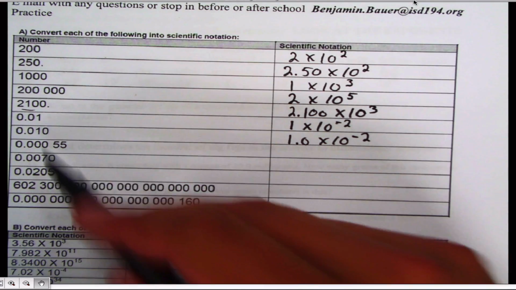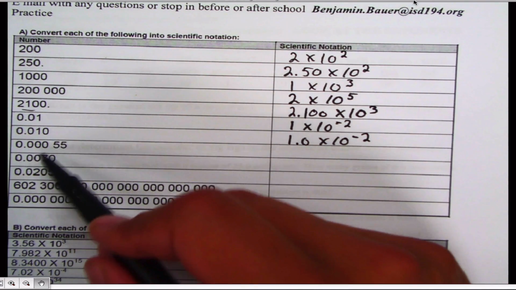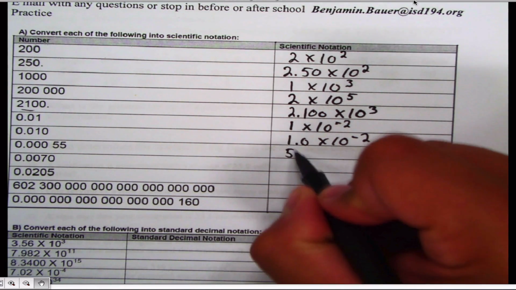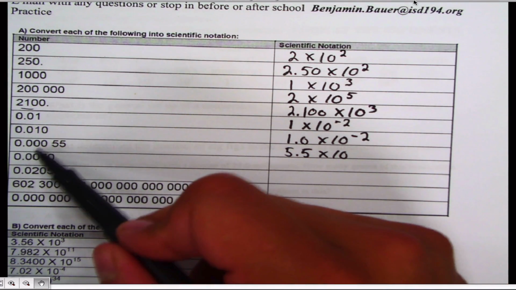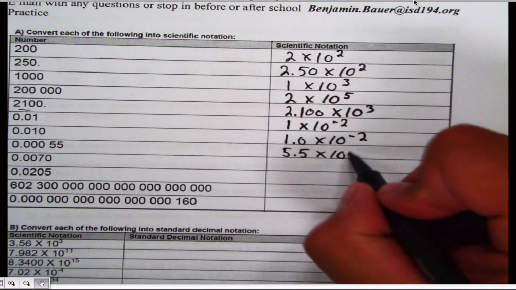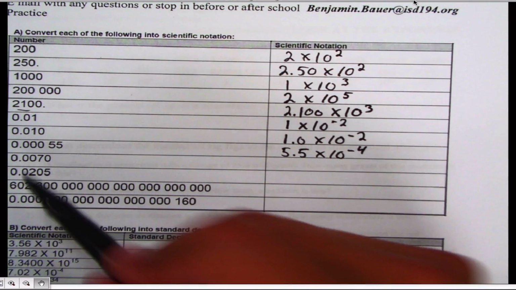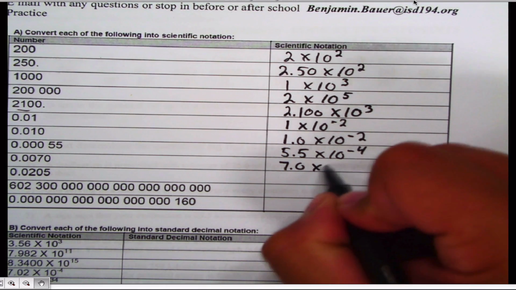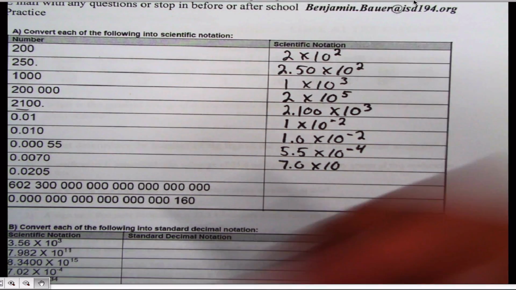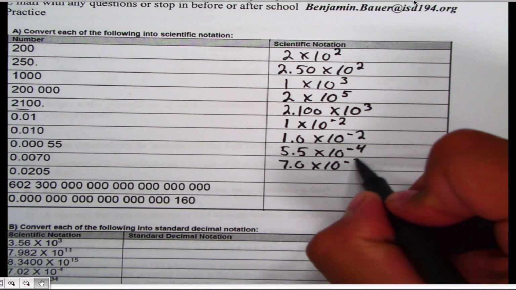All right, a little different, more precise number. 2 significant figures, 5.5 times 10 to the, what do we got? 1, 2, 3, 4, negative 4. 2 significant figures, the 7 and the 0 count, so 7.0 times 10 to the 1, 2, 3, negative 3.